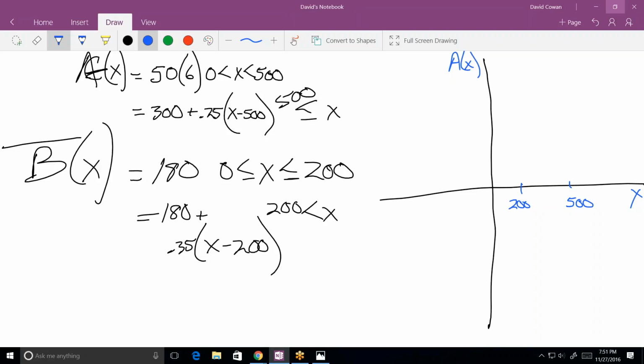So we'll put it at 300 right there. In other words, it's a horizontal line to that point. And any time that x is greater than 500, what kind of slope is that?